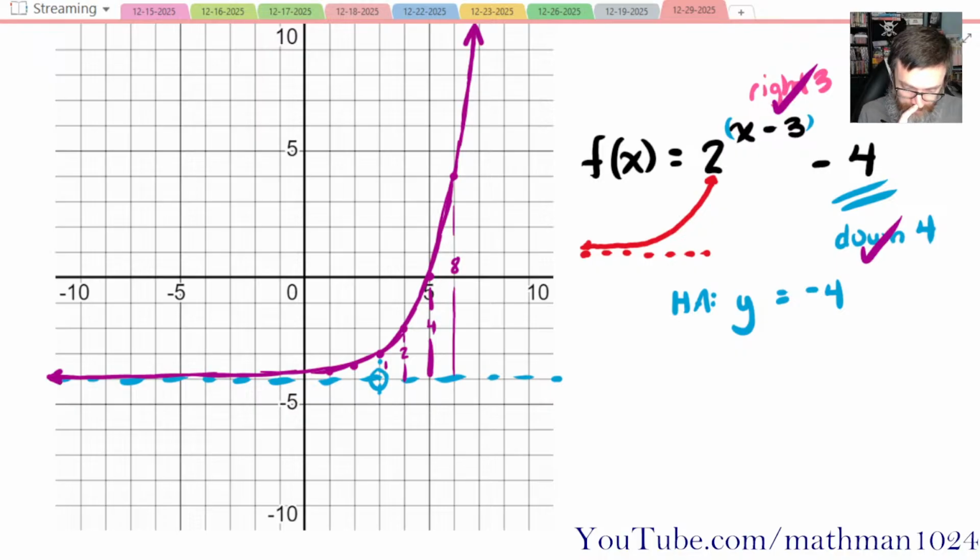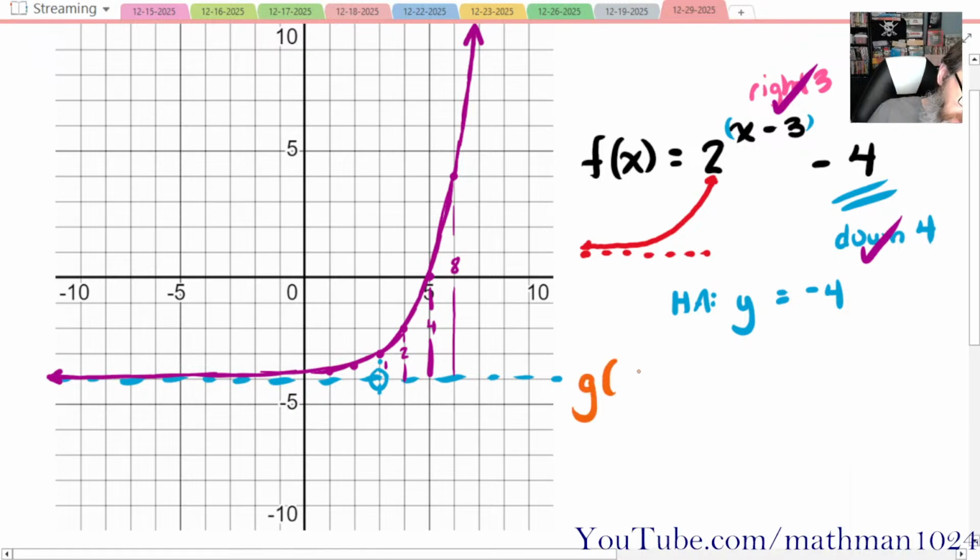Now, let me show you this though. If I change this up and I do, let's do an orange. I think that'd show up. If I did g of x is equal to 3 raised to the x minus 3 minus 4, he would have the same starting point right here at (0, 1).